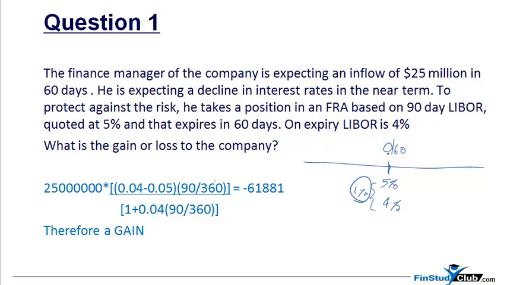So the present value of it at D60 will be discounted by 1 plus whatever is the prevailing rate times 90 by 360. So it's as good as saying that thanks to 5% at D150, I would be getting 25 million plus 5% of 25 million, or 1/4 of this, because it's for 90 days.